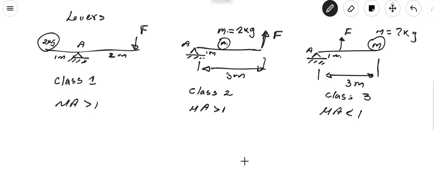So the big deal here is that when you are holding something in your hand, for example, as you're going to learn reading the lecture, the force that is acting on your biceps is greater than the weight of the object you are holding in your hand, right?